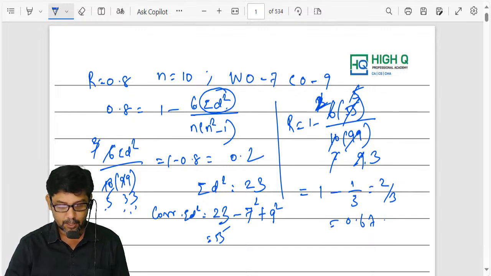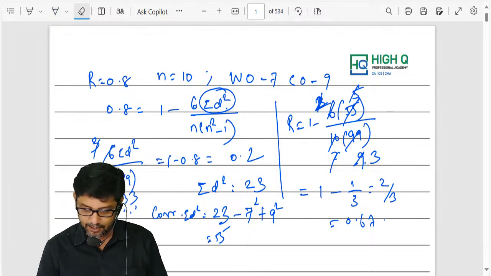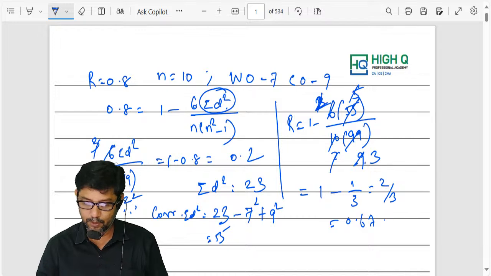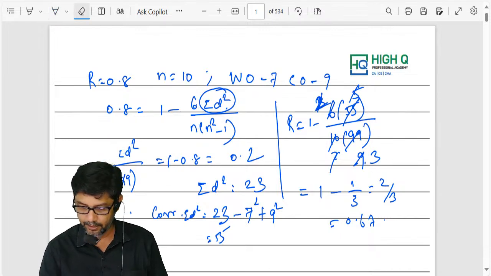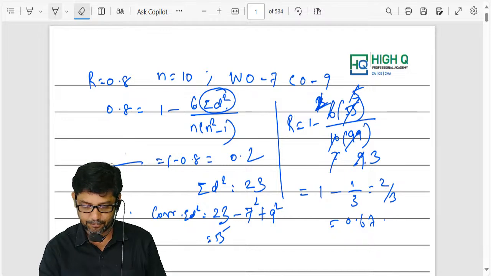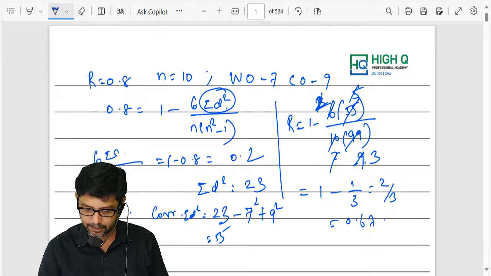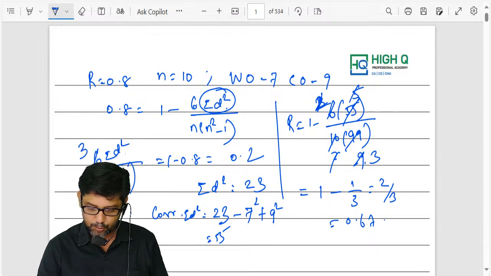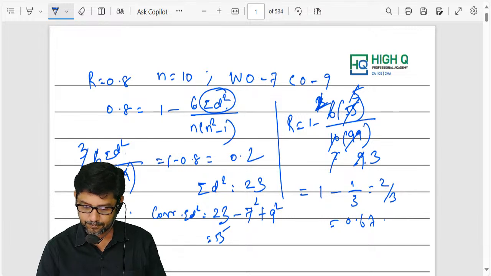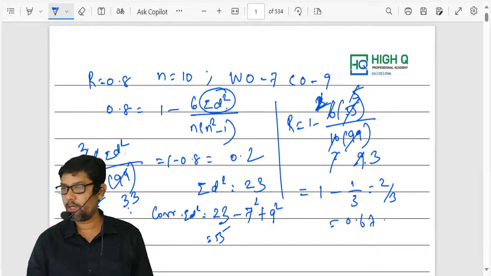I have done a calculation. Aha, very good, I found the mistake. Let me check the calculation here. Summation 6 into d square divided by 10 into 99. 5 into 33 is what?